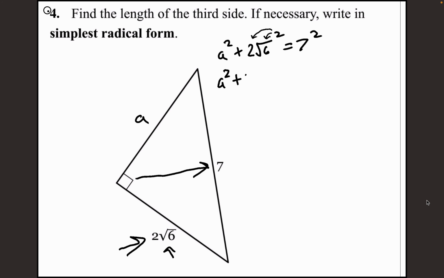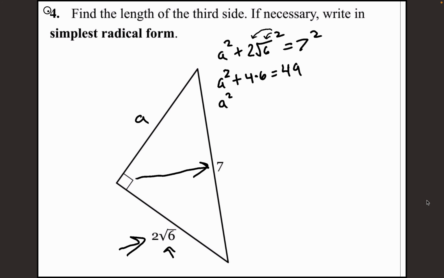It's going to be 4, and then when we square a square root, that just cancels out. So I'm going to put 4 and just leave my 6 there, and I need to multiply them. And then I'm just going to do 7 squared, and 7 squared is going to be 49.